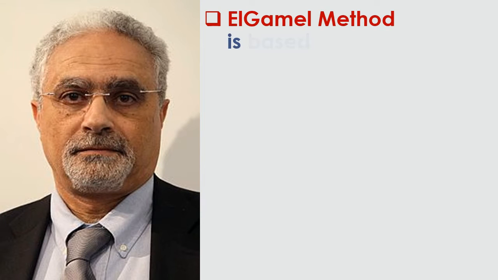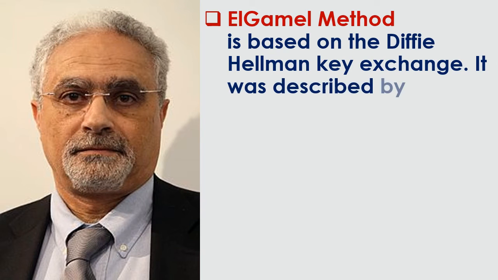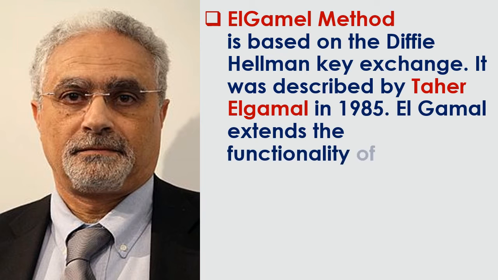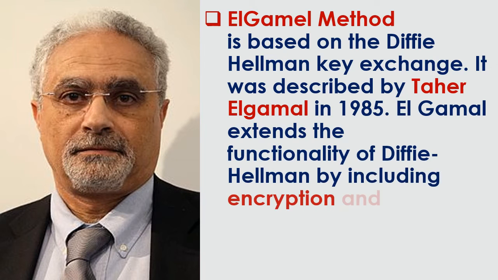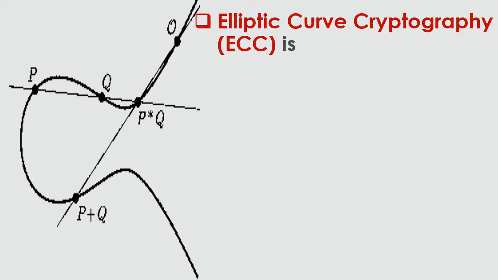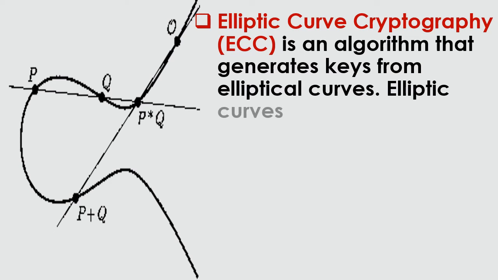El-Gamal method is based on the Diffie-Hellman key exchange. It was described by Taher El-Gamal in 1985. El-Gamal extends the functionality of Diffie-Hellman by including encryption and digital signatures. Elliptic curve cryptography, ECC, is an algorithm that generates keys from elliptical curves.